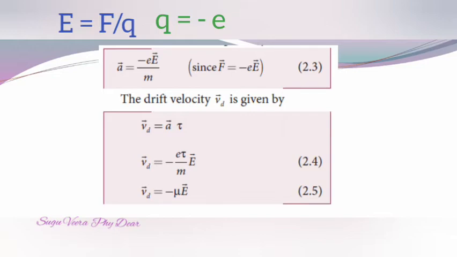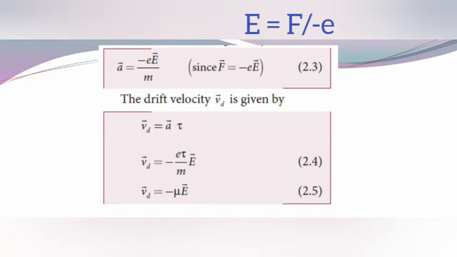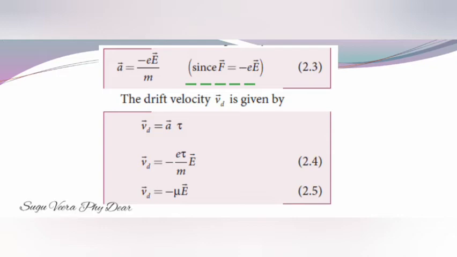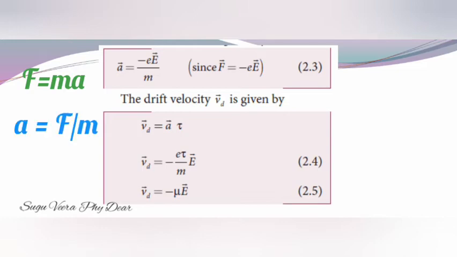Substitute in the electric field formula: E = F divided by -e. Rearranging the formula, F = -eE, where small e is the electron charge and capital E is the electric field. Then Newton's second law, F = ma.